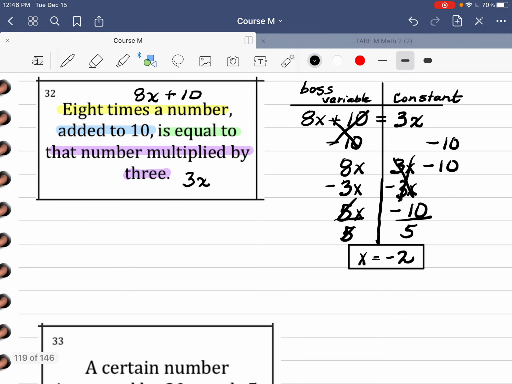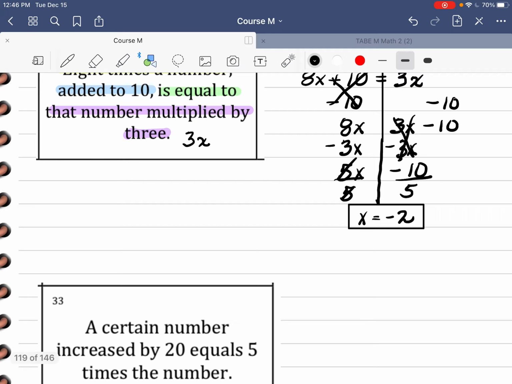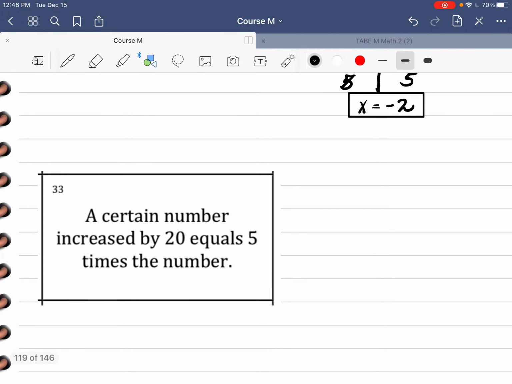Okay, number 33. We have a certain number, so that's my variable. And in this case, I'm going to use an x. Increased by 20.